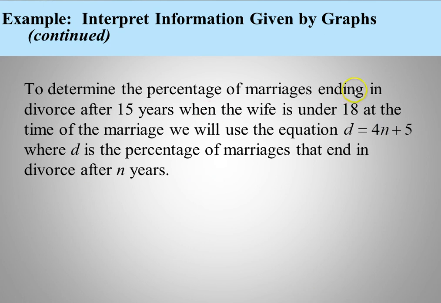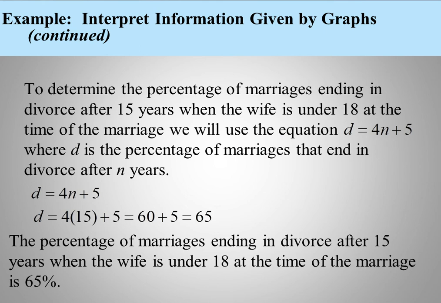To determine the percentage of marriages ending in divorce after 15 years when the wife is under 18, I'm simply going to plug in N as 15, and I get 65. What does the 65 stand for? It's the percentage of divorces you're going to end up with when the wife is under 18 years.